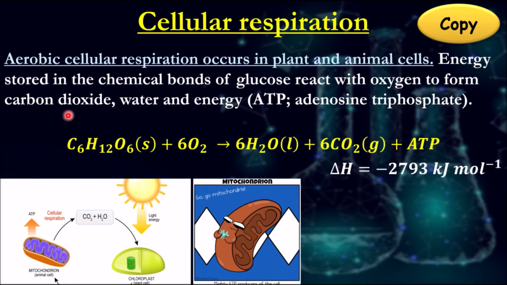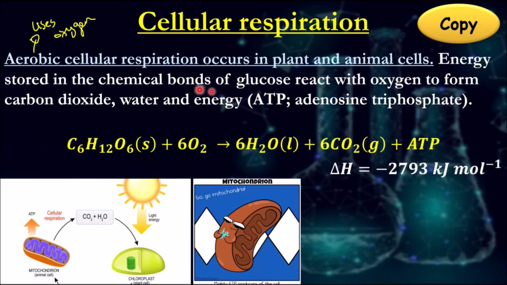The next type of process we can look at is cellular respiration. Now this is coming from the mitochondria in your cells, and it's an aerobic process. Aerobic just means it uses oxygen. This occurs in both plant and animal cells.